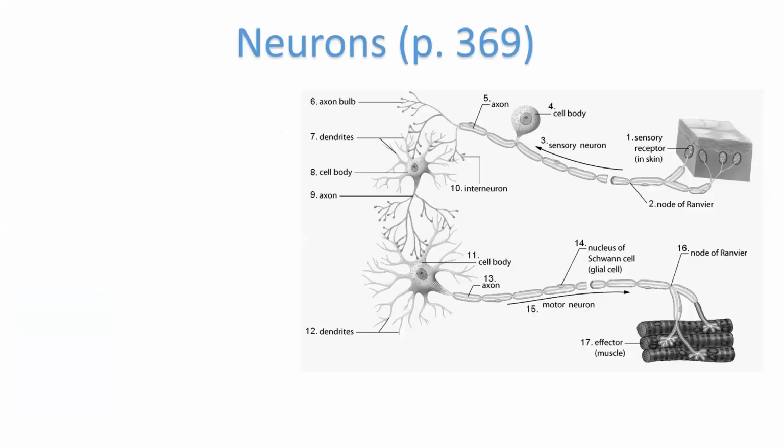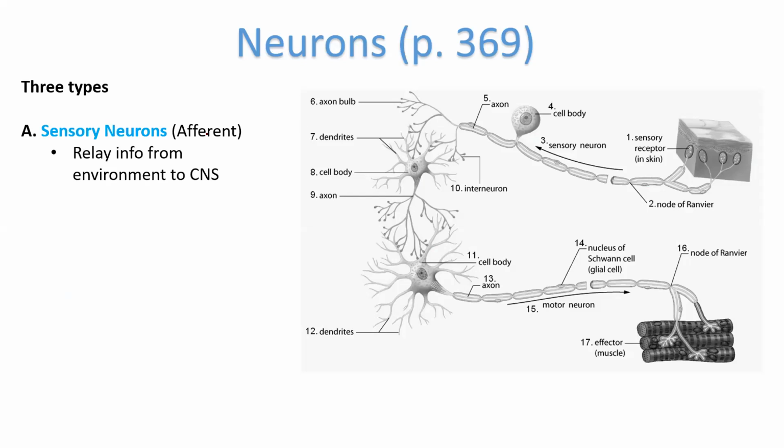Neurons, this is on page 369 of your textbook, this diagram. 3 types of neurons. Sensory: A comes before E, so they're coming towards the central nervous system. Let's find a sensory neuron here. There's a receptor on your skin, and the sensory neuron is going to bring the impulse to interneurons of your spinal cord.